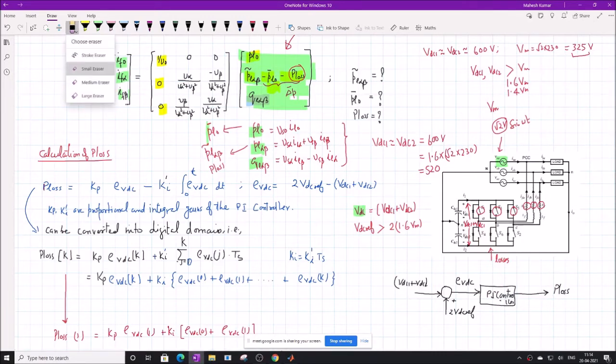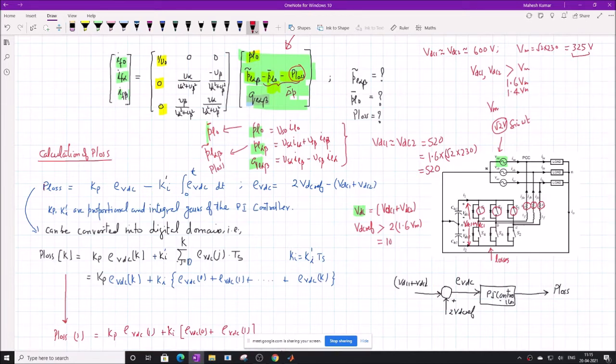Okay, this is 520. So 520 plus 520 becomes how much? 1040. So total VDC ref could be around 1040 volt for this system.